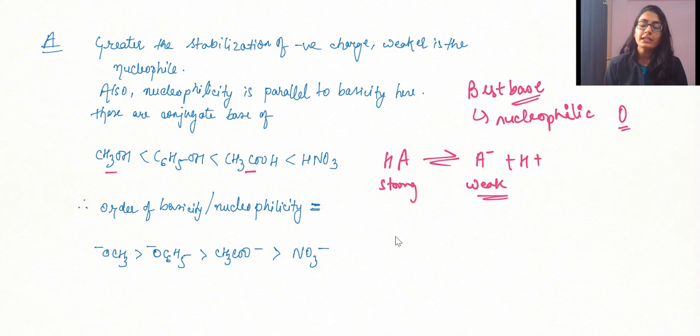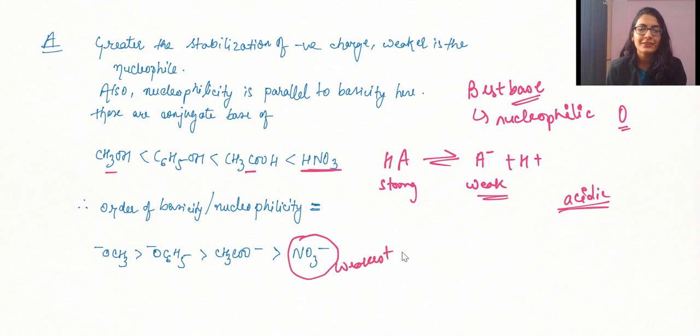Okay, so if we are considering the nitrate anion, we were a little confused about nitrate, because the rest are all organic and this is inorganic, right? So we were a bit confused. But now, considering the acidic property, it becomes very clear. The strongest acid is our nitric acid, right? So this is going to be the weakest conjugate base.